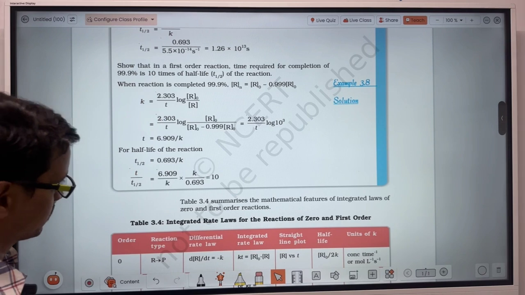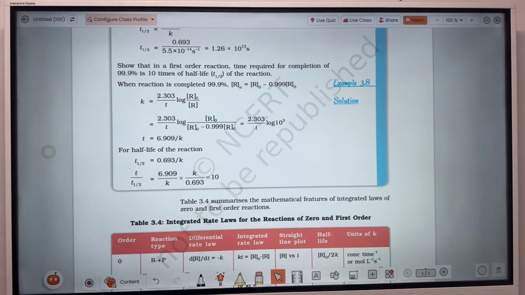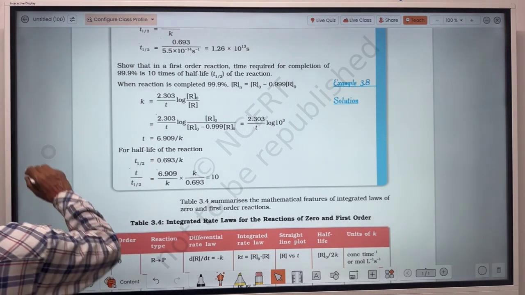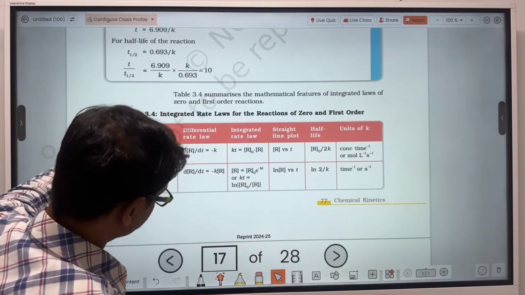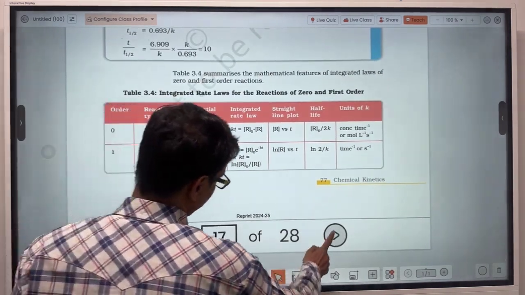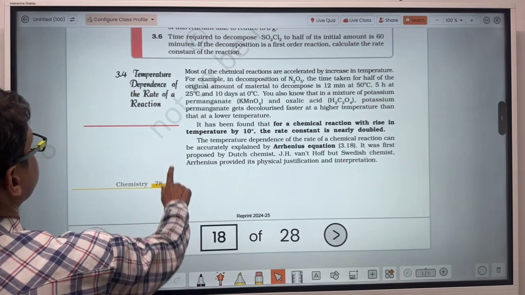But if you solve this question, you will also get the concept of how to solve the questions related to this topic. Okay, that was about the half-life period.